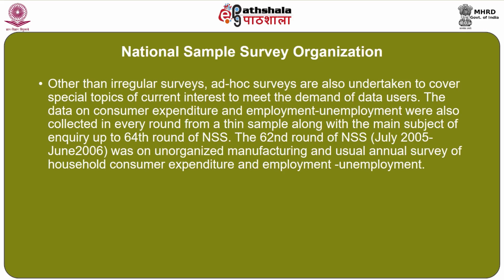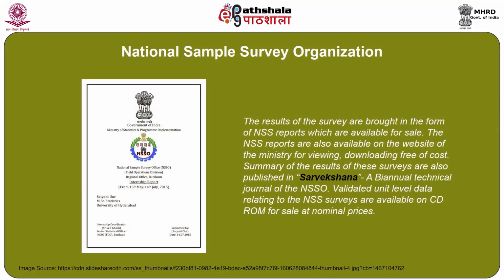The 62nd round of NSS, that is July 2005 to June 2006, was on unorganized manufacturing and the usual annual survey of household consumer expenditure and employment unemployment. The results of the survey are brought out in the form of NSS reports, which are available for sale.